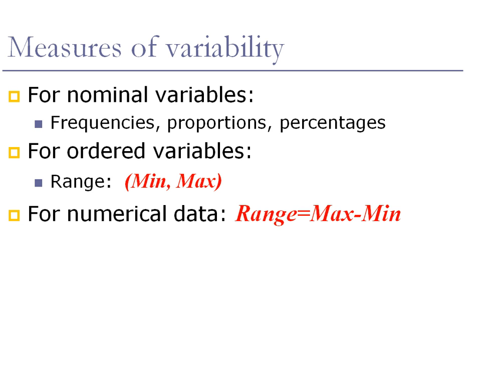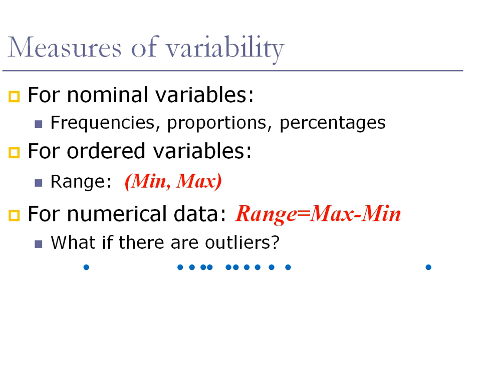There is one problem, however, with this measurement of range as a measure of variability, and that is the situation when there are outliers in our data set. So for instance, let's say that this is our data, so each dot represents one observation somewhere on the number line. So notice that this data set consists of a bunch of observations which are very close to each other, but it also includes two very far away data.